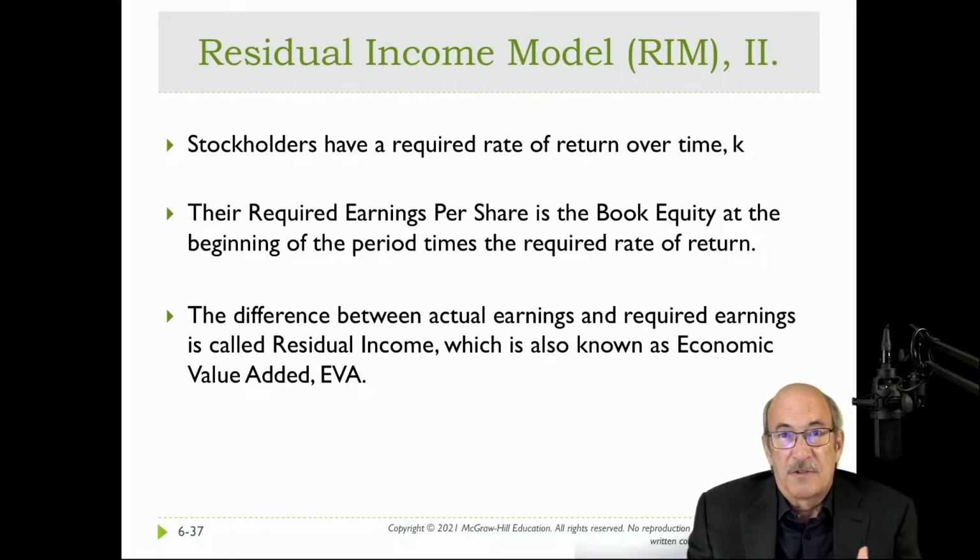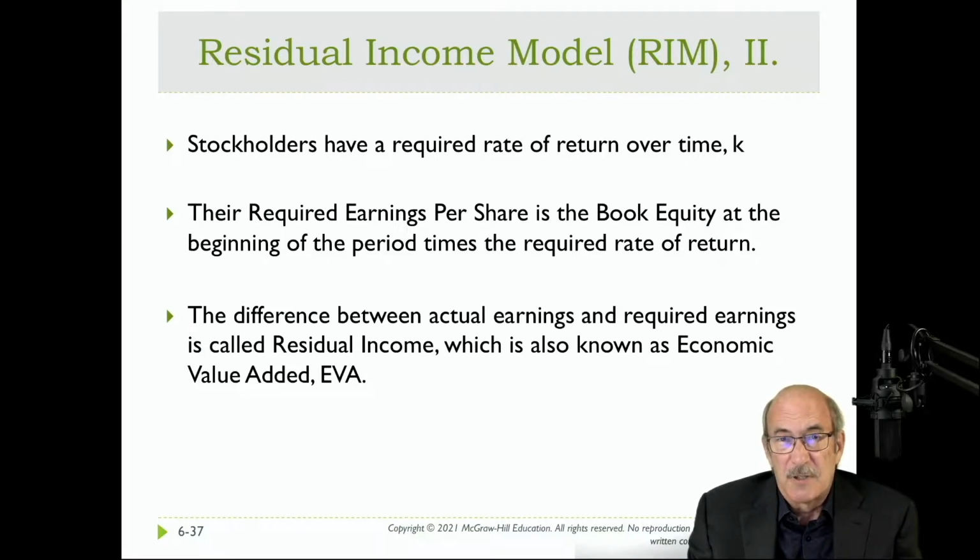So stockholders have some sort of required rate of return, and we call that K. That's the same K that we calculated when we were doing the dividend discount model. The required earnings per share is the book equity at the beginning of the period times the required rate of return.